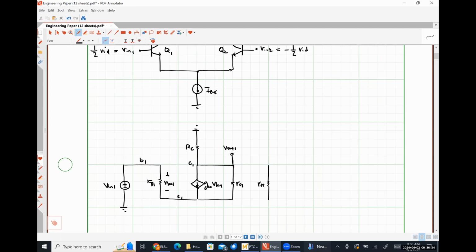So this is going to be R0 2. GM2, VBE2. Here's the voltage VBE2, which is across R pi 2.